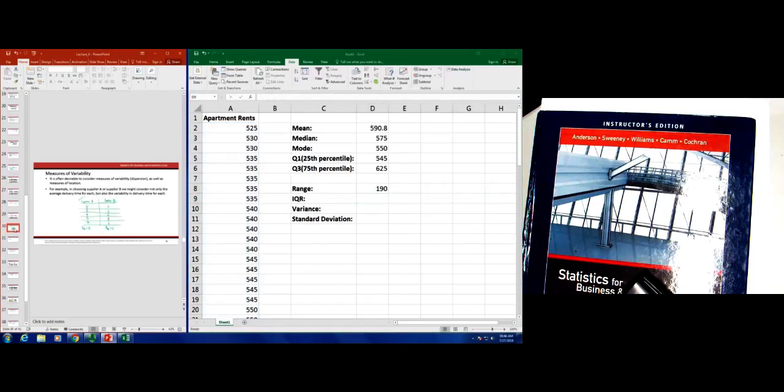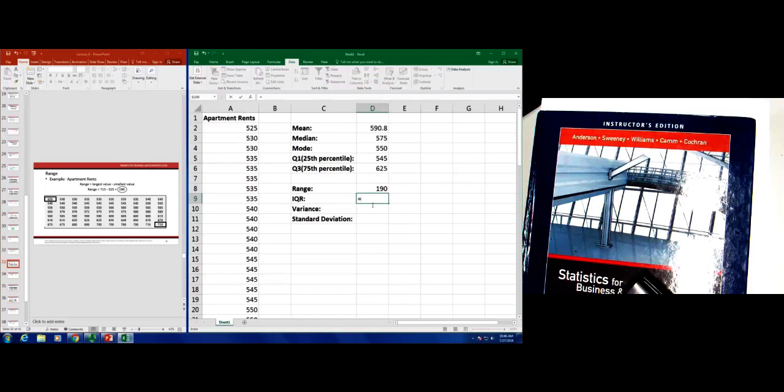Range is 190. Interquartile range is the third quartile minus the first quartile. It is 80.